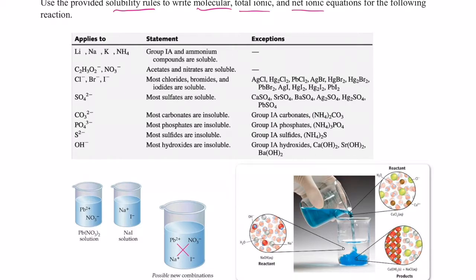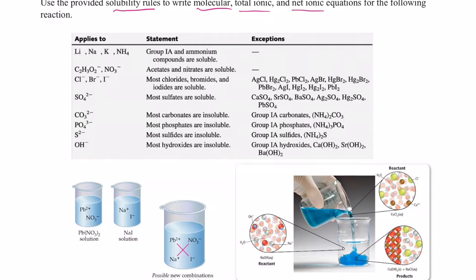Remember, when the solvation process occurs, water molecules surround the positive and negative ions and sort of move away from the crystal structure and allow those ions to flow past one another. Well, some ions are more attracted to each other than they are to the water molecules. So I'm going to talk about them today as I go through your solubility rules.